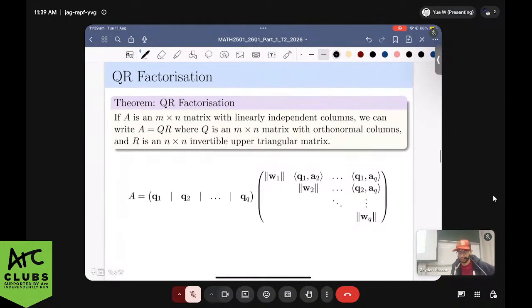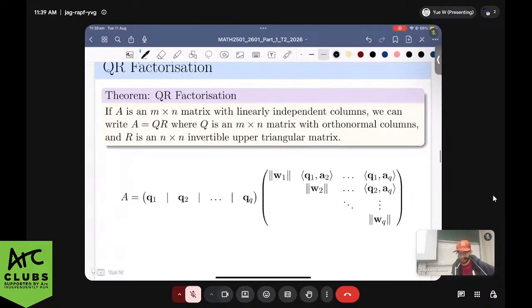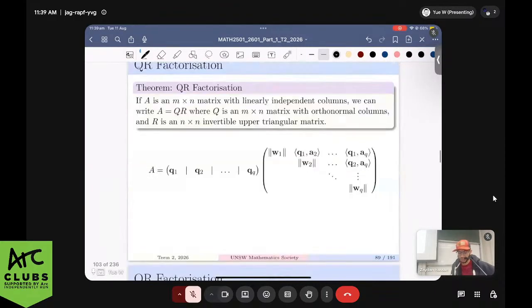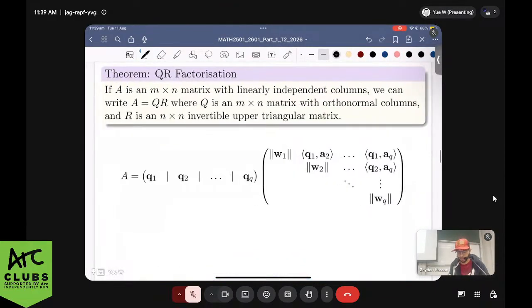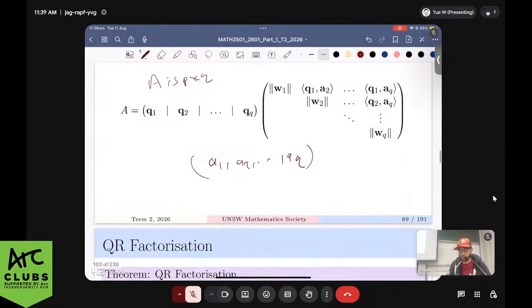And there's this formula for it in terms of Gram-Schmidt. Well, in Gram-Schmidt, imagine the columns of A are A1, A2, up to AQ. Okay, sorry, this is assuming A is P by Q, I'm pretty sure. Not M by N. Then Gram-Schmidt, assuming they're independent. By the way, Gram-Schmidt only works on an independent set.